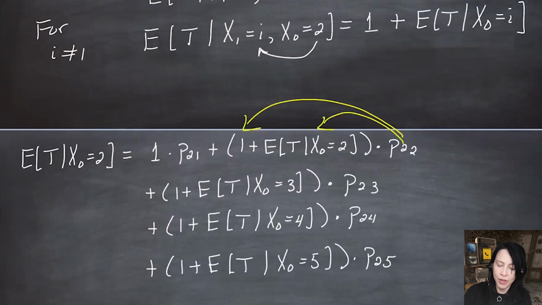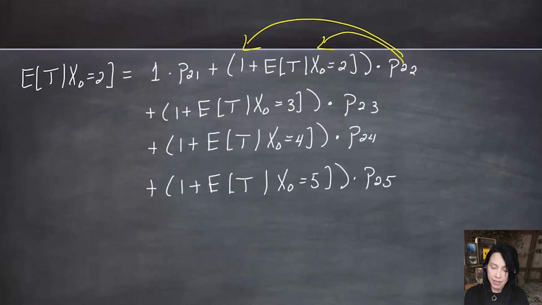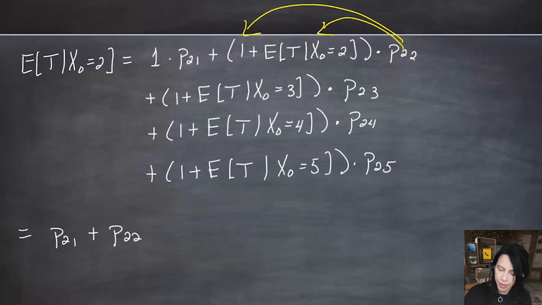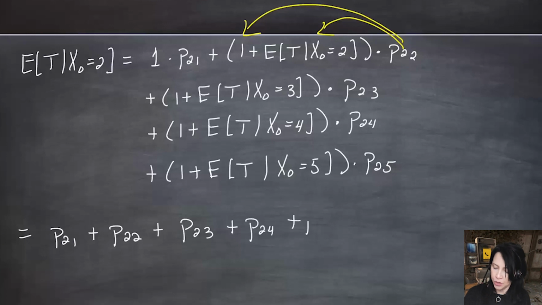I'm going to do that with every term, and I'm going to collect those leading p's. So I've got p to 1 from here plus p to 2 from here plus p to 3 from here plus p to 4 plus p to 5.